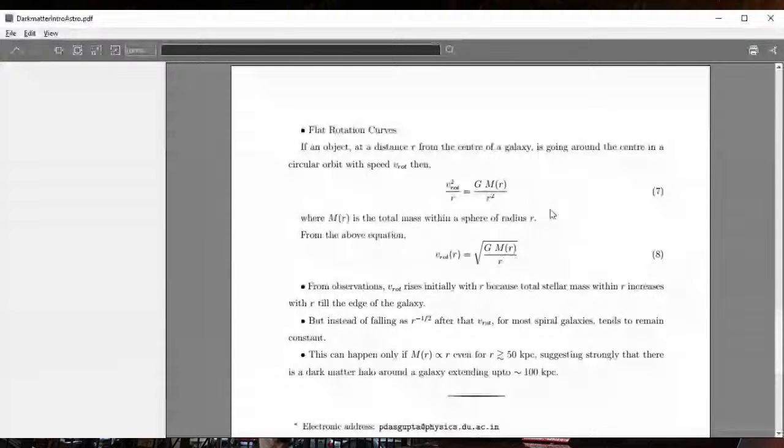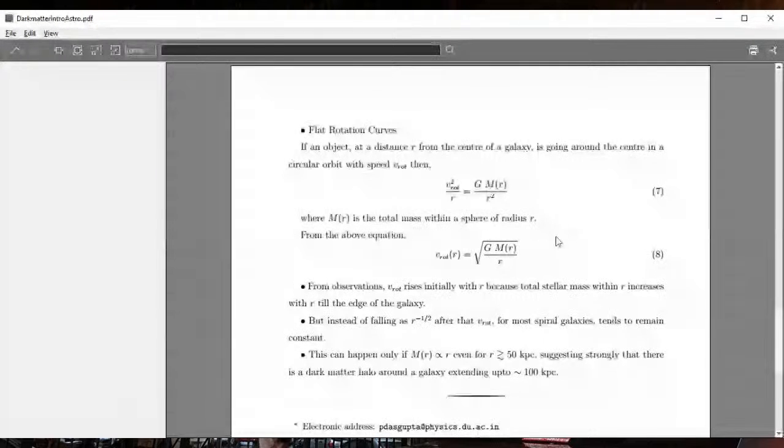So if there is no dark matter, and you plot rotational velocity as a function of the radial distance, initially the rotational velocity will linearly increase with r. Then once you leave the galaxy, the rotational velocity should fall off as r to the power minus half, or 1 over square root of r.